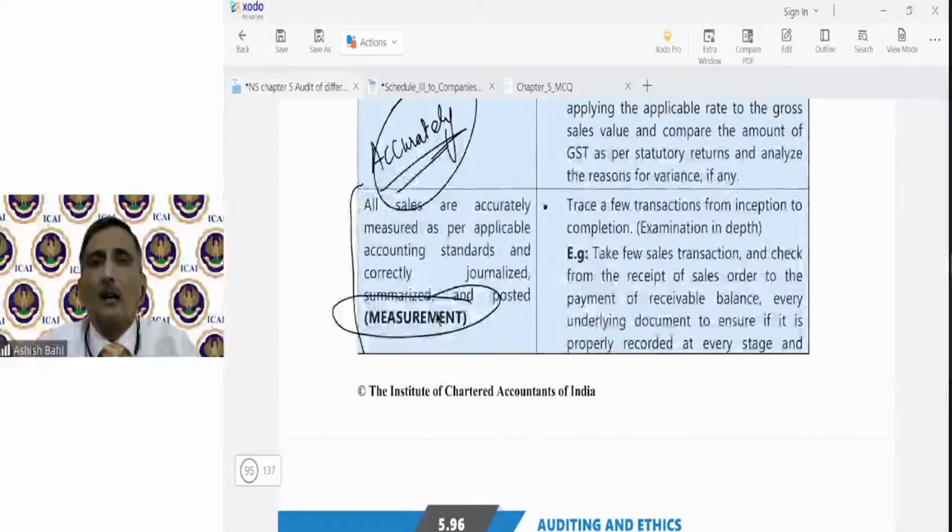So how the auditor would ensure that sales have been measured at appropriate amount, that these have been recorded at accurate amounts. Obviously, he would be checking sales transactions, relating it with the sales bills, checking calculations for accuracy.